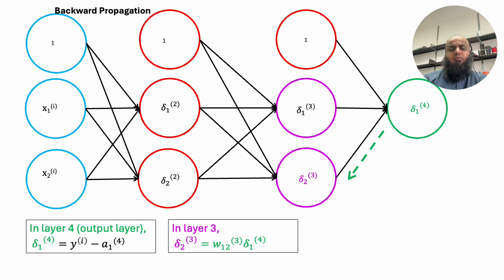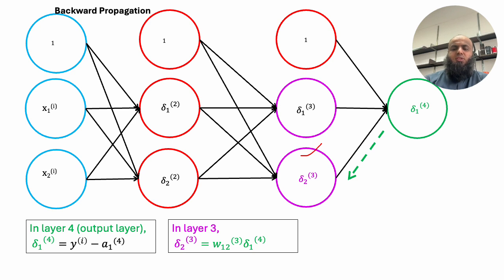For example, if we focus on this unit, we can compute the error associated with it as delta superscript 3 subscript 2, which is the error in unit 2 in layer number 3.